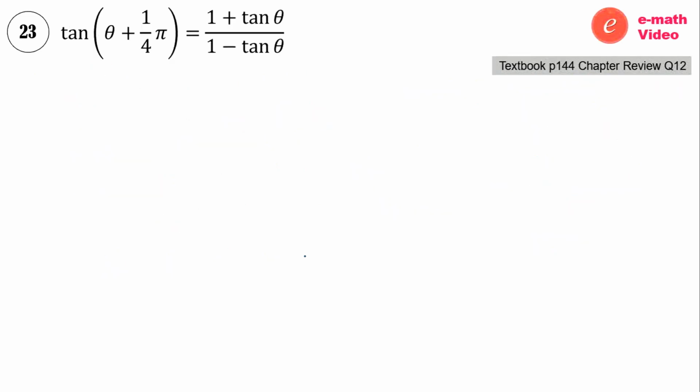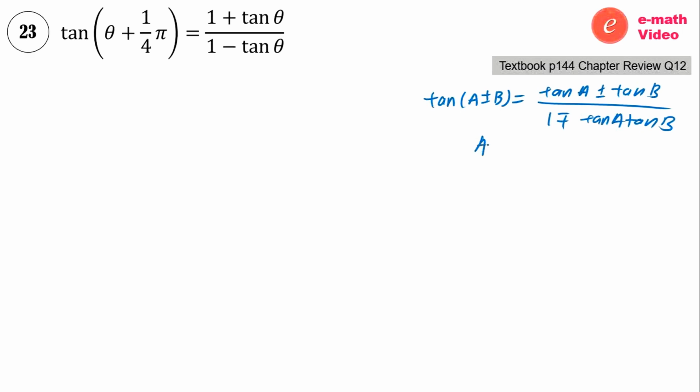Number 23. Okay, this question is quite similar to what we have just now, right? So we will use the tangent addition formula. tan(A ± B) equals tan A ± tan B over 1 ∓ tan A times tan B. So in this case, our A is theta, B is pi over 4.